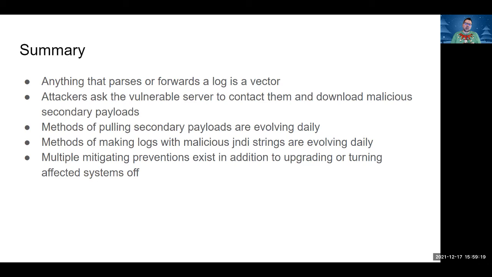I hope this was helpful. I hope I helped you understand the nature of the problem, the way attackers can be attacking you, and to be honest, how you mitigate, there's a lot of strategies. Upgrade to non-vulnerable versions. Watch incoming traffic for these JNDI strings if you have infrastructure that can spot that and block it. Watch outgoing connections to destinations that are unfamiliar or are new.